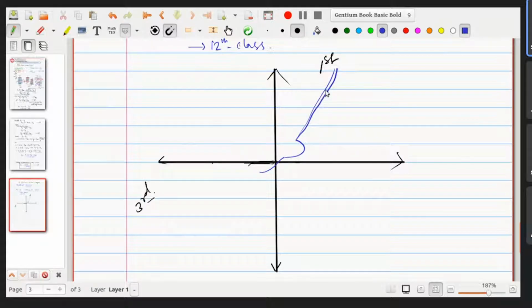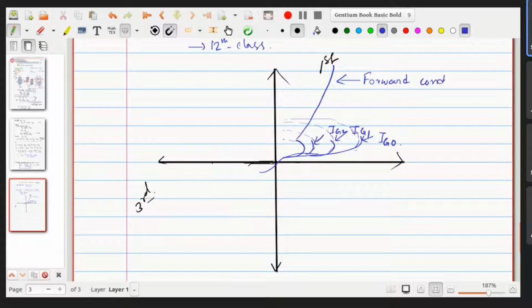The curves will not be so smooth. If you are varying the voltages, this will be referred to as the forward conduction region.